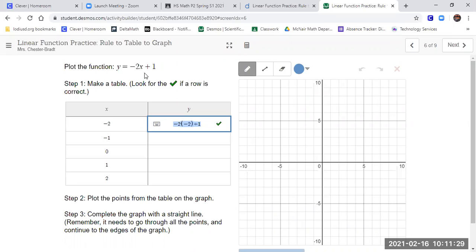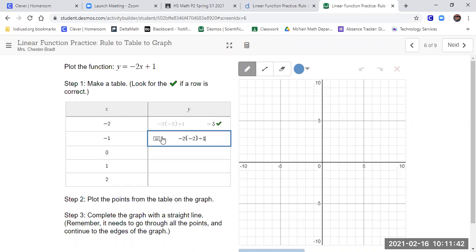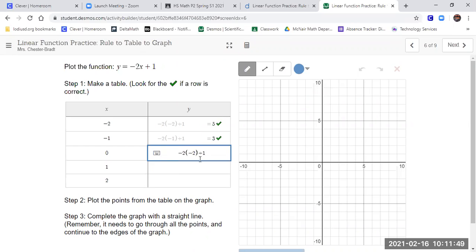No. Why is it not a proportional rule? What gives it away? What about the rule is giving away that it's not proportional?